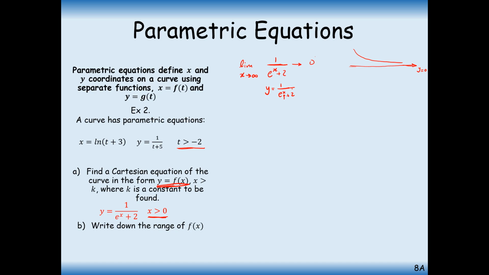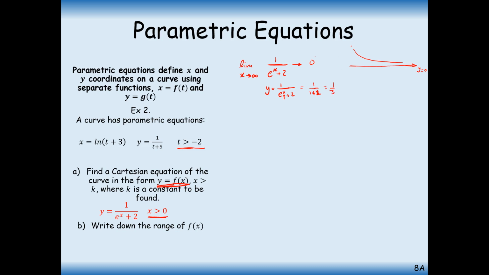So the lowest value for x is 0, and if we had substituted 0 there, we would have e to the power 0, which is 1, and 1 plus 2 in the denominator is 1/3.